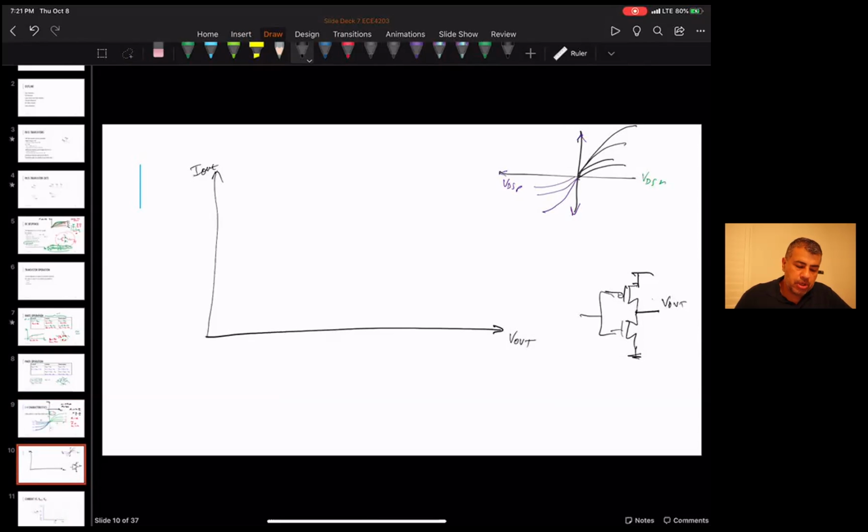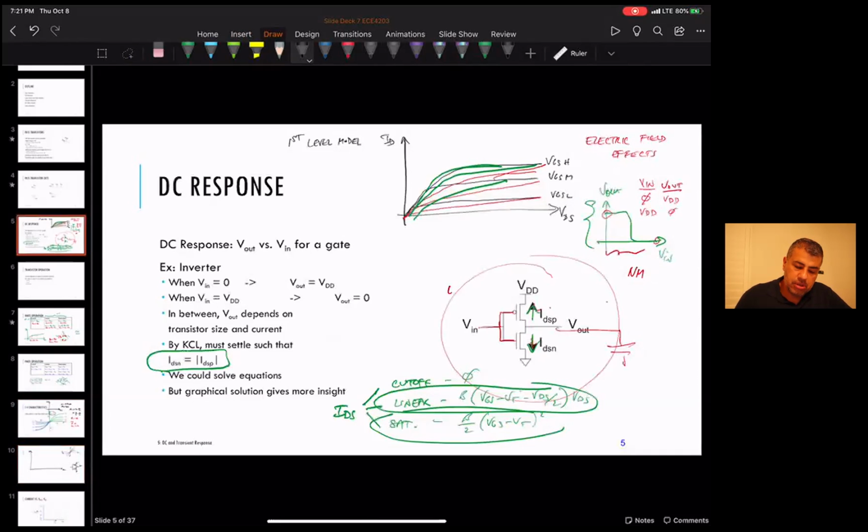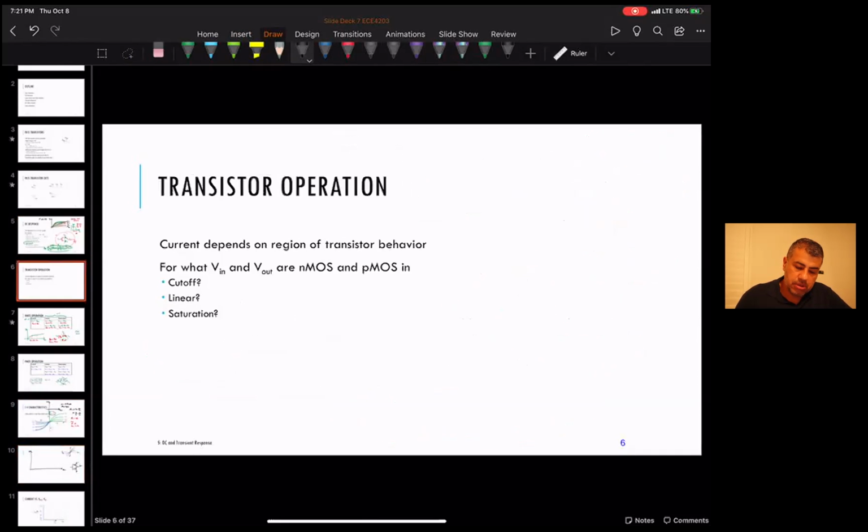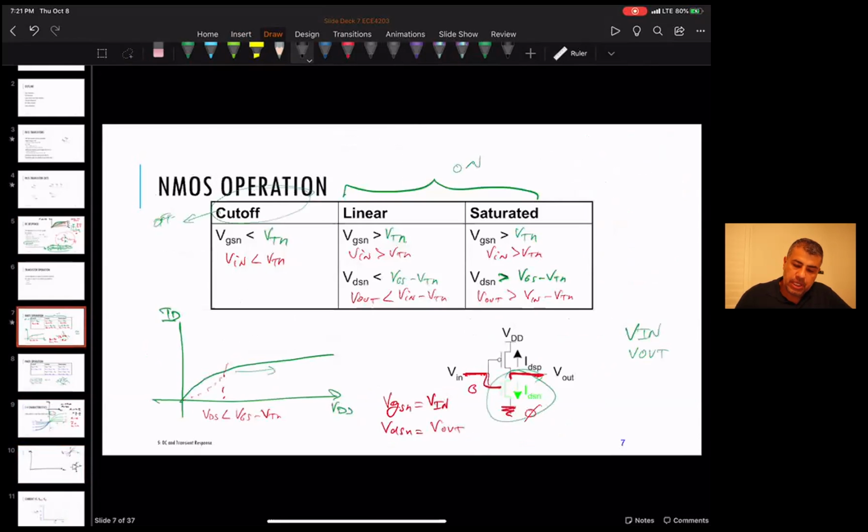I don't know if you guys remember a couple of slides ago. Here, we just said Vn is VGSN, and V out is VDSN. And the current I out is IDSN. It's the same polarity.